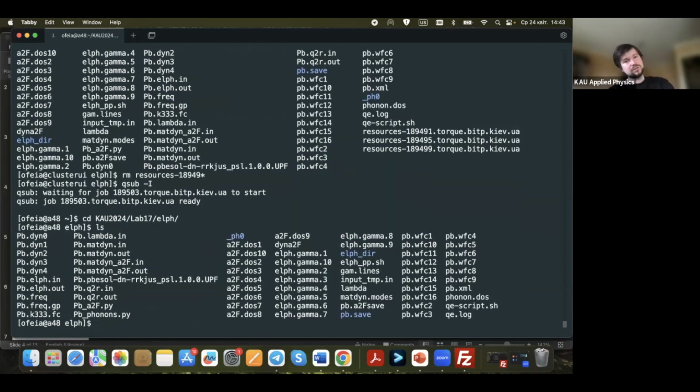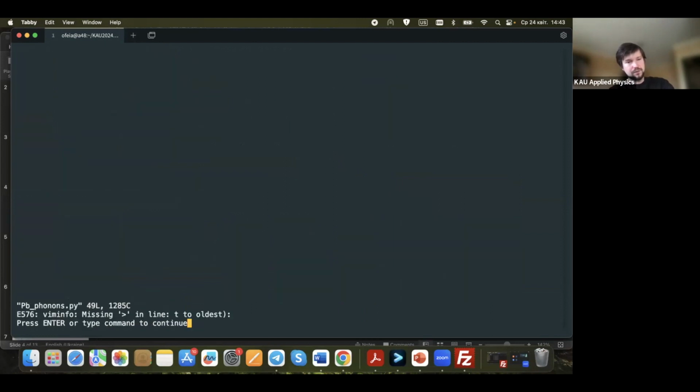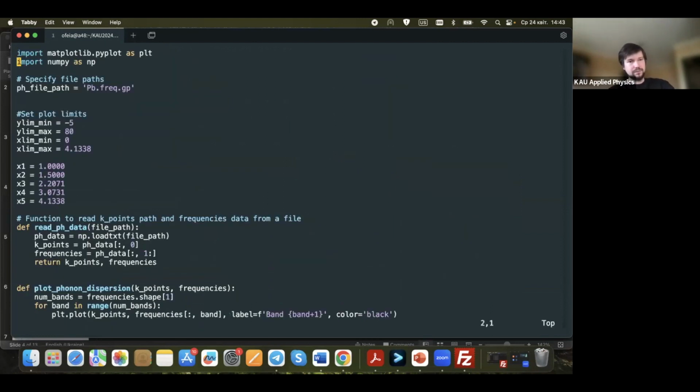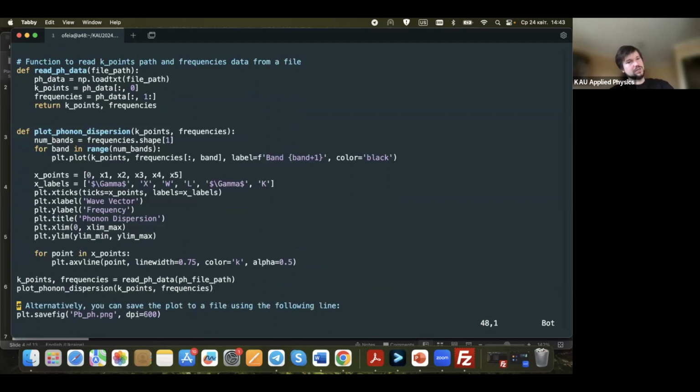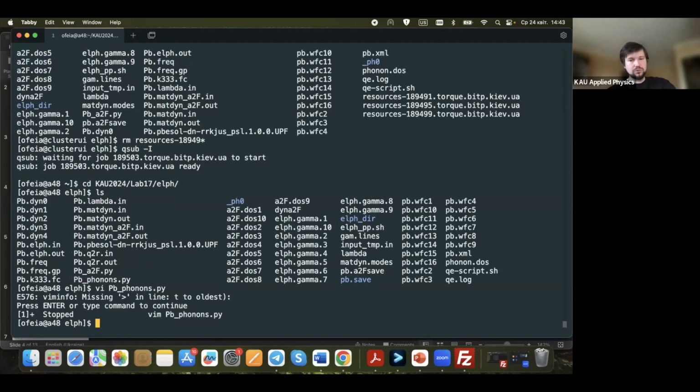I just want to plot it. So I have this phonon script. It's just our common phonon script, but adapted for this system. Nothing special. I want to launch it with Python.